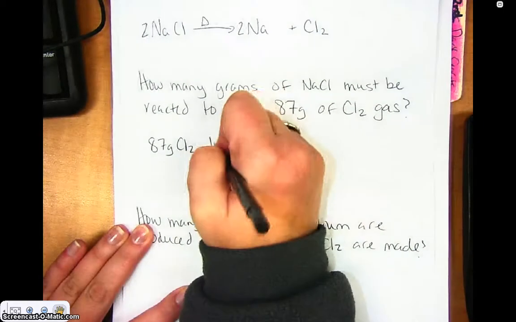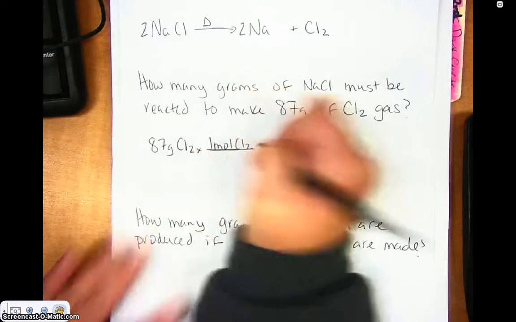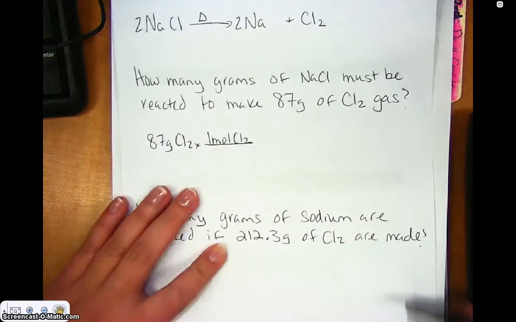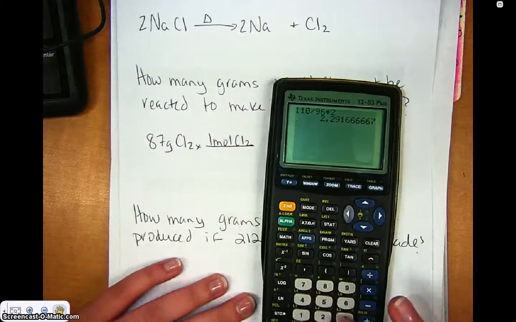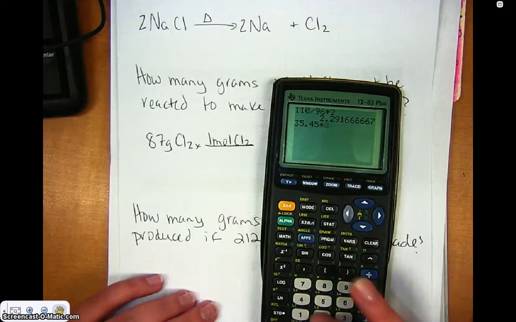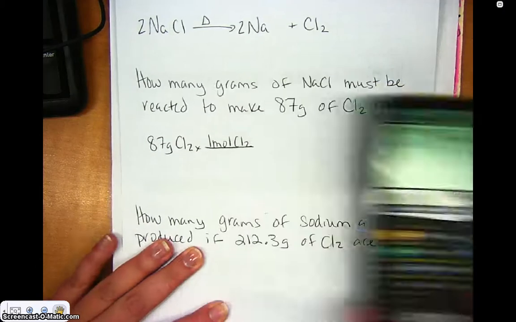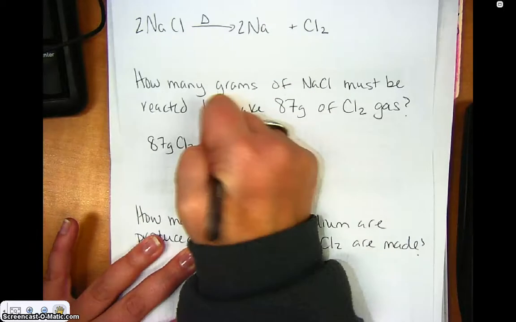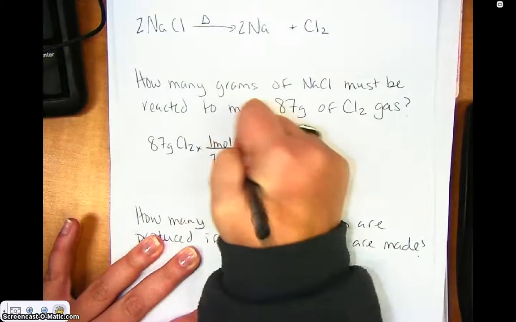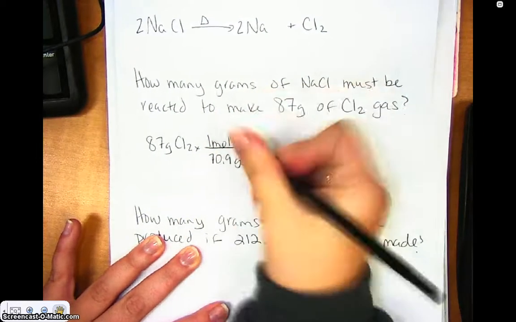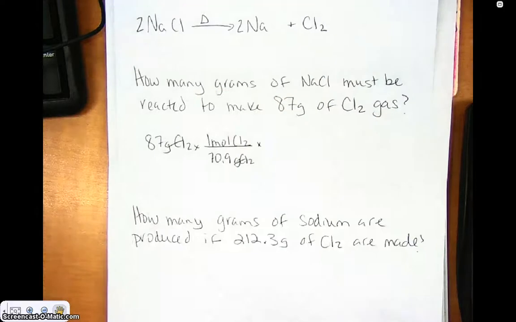So 1 mole of Cl2, and on the periodic table, chlorine's individual mass is 35.45, so times 2 gives us about 70.9 grams of chlorine per mole. So the grams of chlorine cancel.